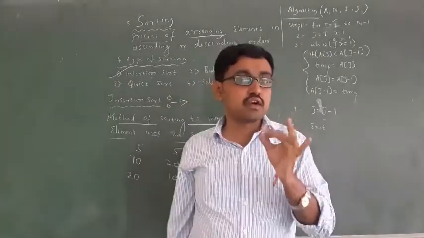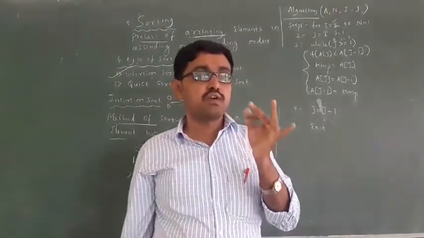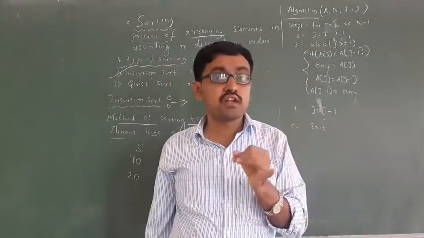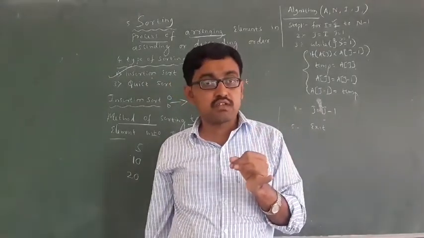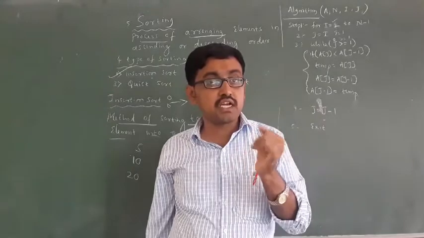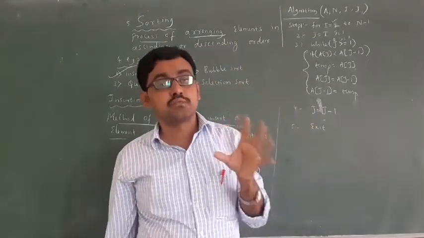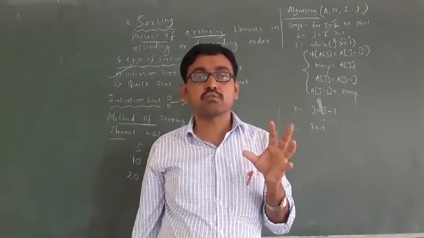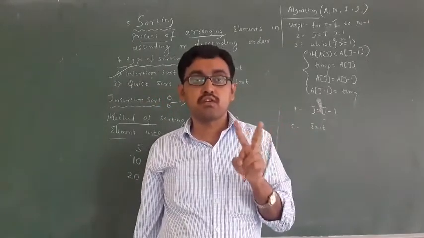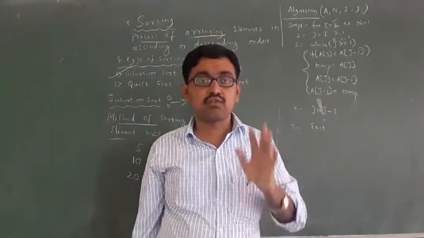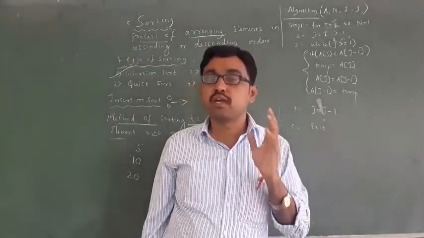Then third is insertion sort. Fourth is deletion. Sorry, insertion, then deletion, then sorting. There are 5 algorithms, and in the exam you are guaranteed to get 2 algorithms, for 10 marks. Please practice this.